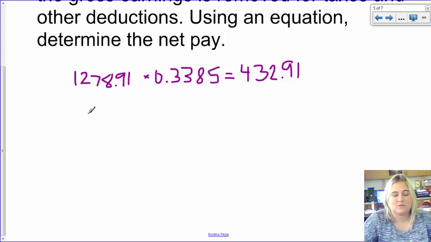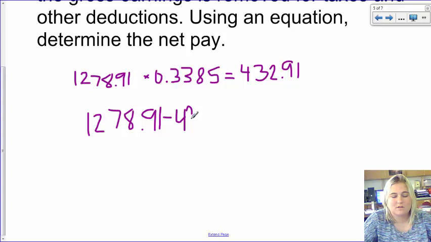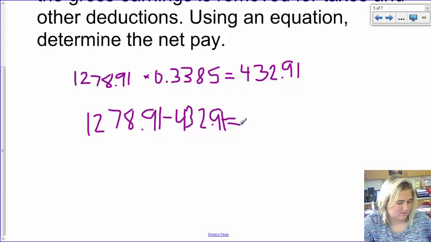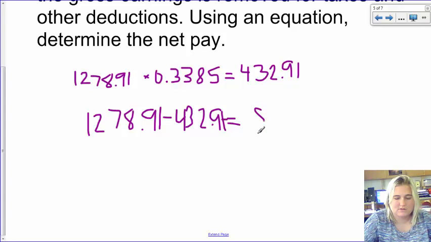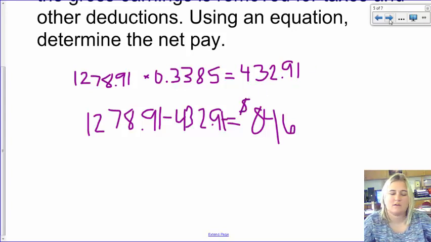So it's going to be this 1,278.91 minus the deduction of 432 and 91 cents equals, and when I subtract those, I get $846. Okay, so that's our final answer.